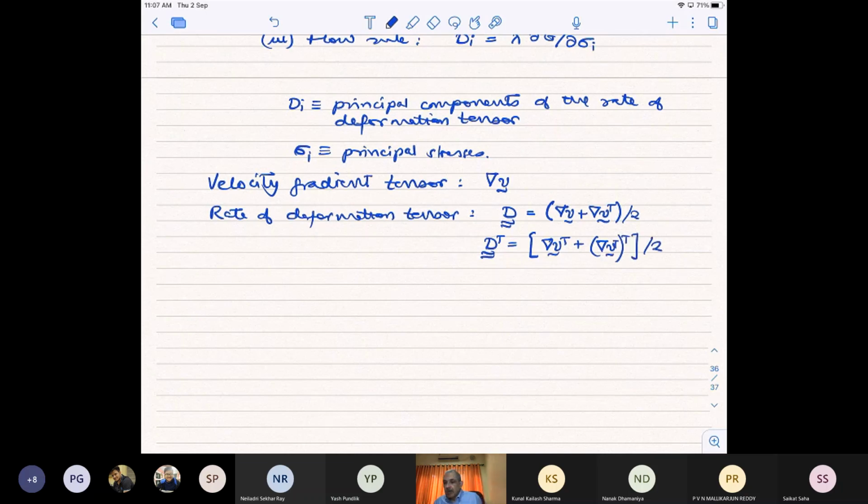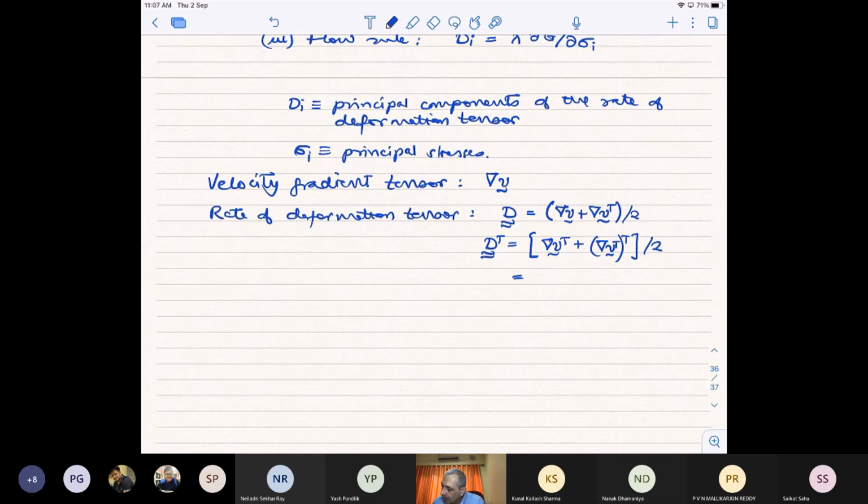What happens if I take the transpose of a tensor twice? It should yield the same tensor again, because you are just interchanging rows and columns. If you do it twice, you get back the original tensor.